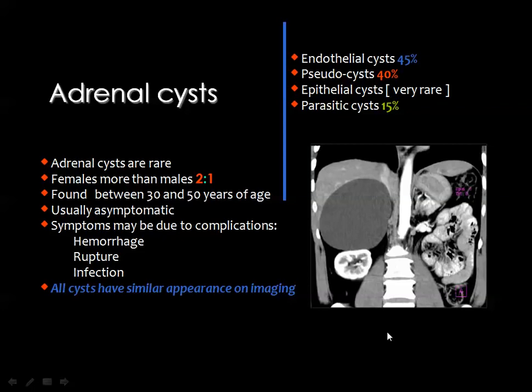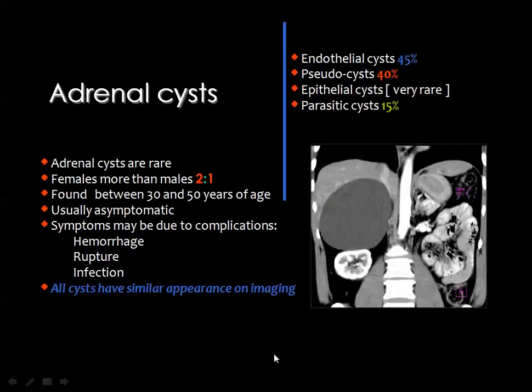And if the epithelial cysts are very rare, then you are in the differential diagnosis between these two types, the endothelial and the pseudocyst. The pseudocyst is not a true cyst. It occurs following hemorrhage or following infection, and the endothelial cysts are the true cysts.